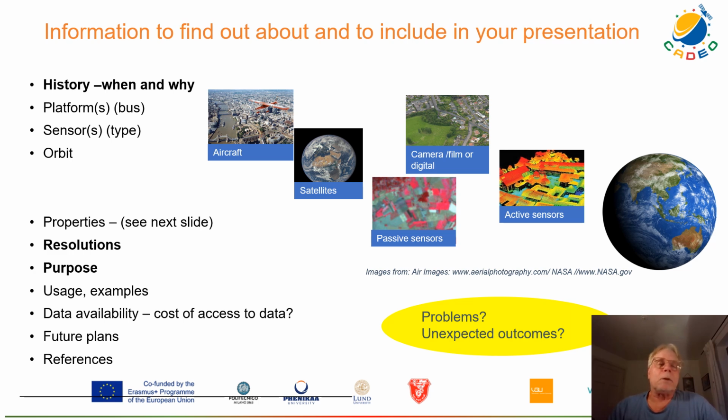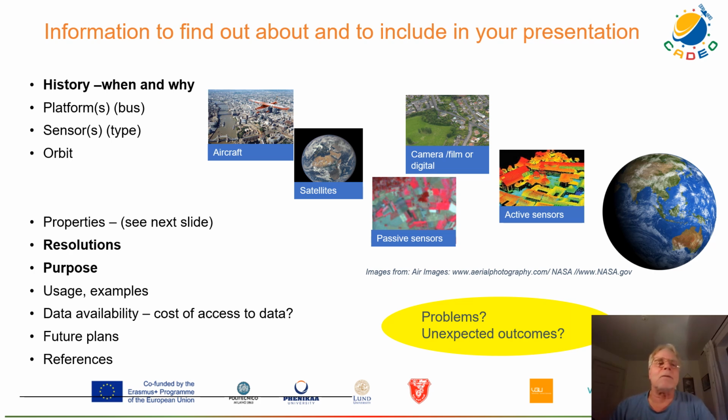And what to include in your presentation or report is then the history about that sensor or platform. When was it launched the first time? Why? What was the mission of it? What's the platform or platforms for that sensor? What type of sensor is it?